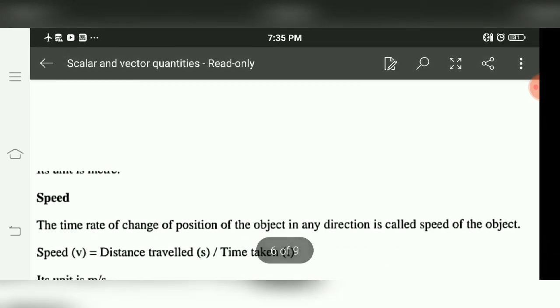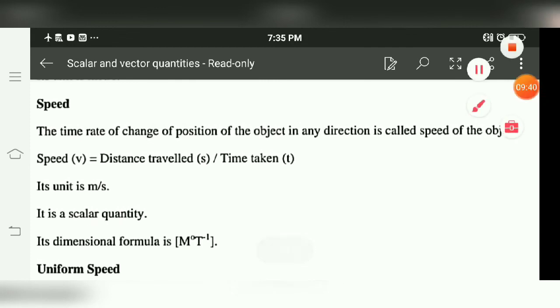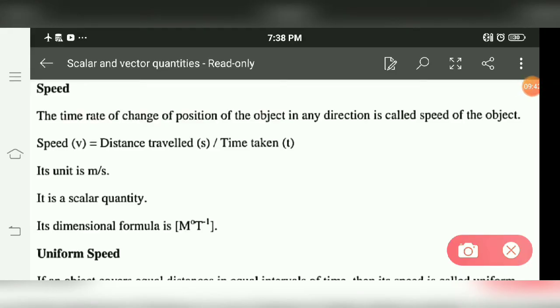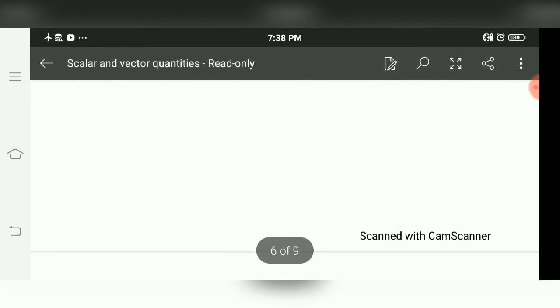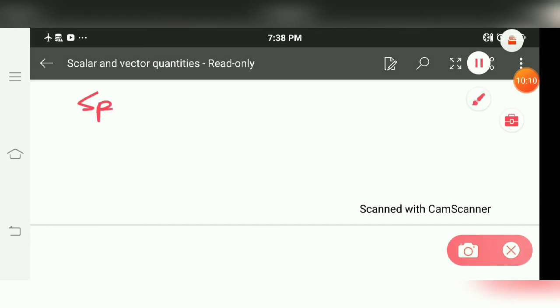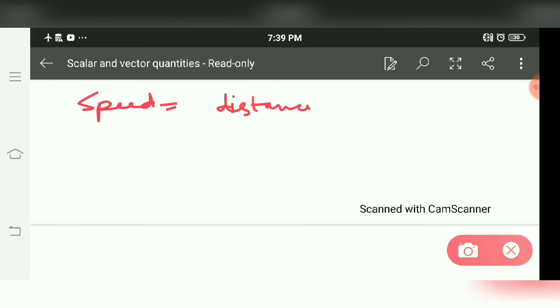Now next is speed and velocity. First of all, what is speed? The formula of speed is distance traveled by time taken, and speed is a scalar quantity. So the time rate of change of position of an object in any direction is called speed of the object.